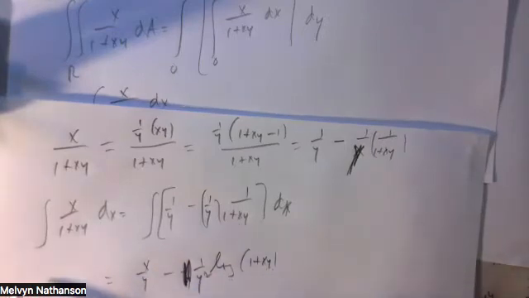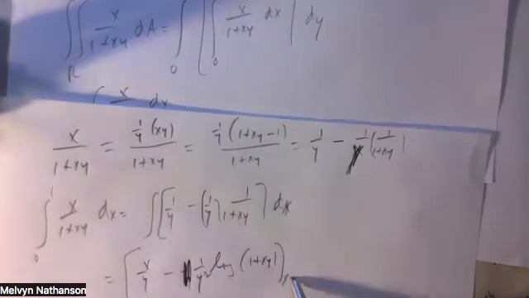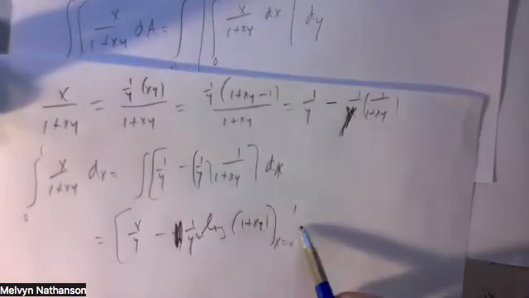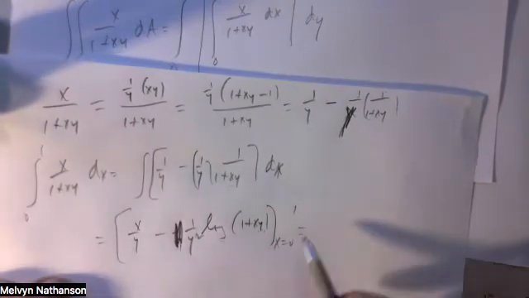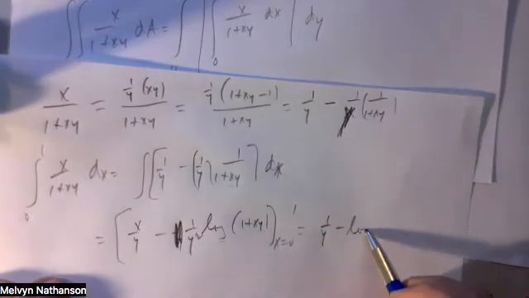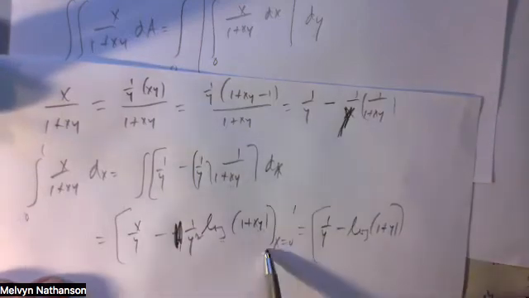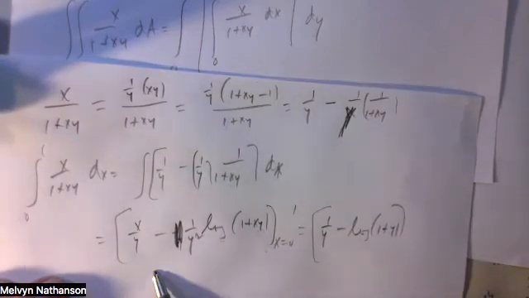And I'm integrating this with respect to x from 0 to 1. So when x is equal to 1, I get 1 over y minus the log of 1 plus y. And when x is equal to 0, I get 0 minus 0.